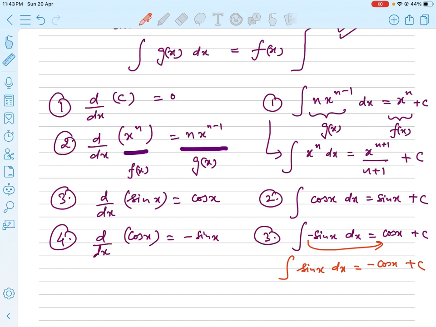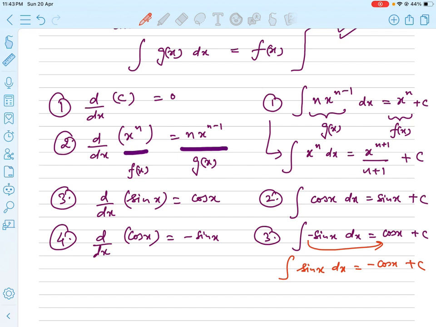So this is the third formula. Alright, I think these many formulas are more than sufficient for now. Let us try to solve a couple of questions based on this and the things will be more clear.